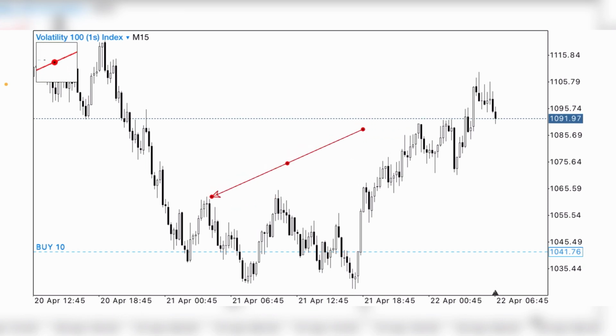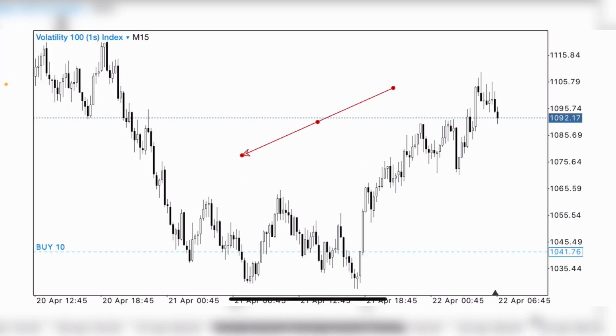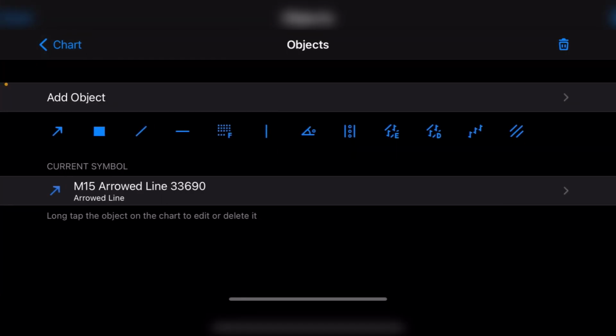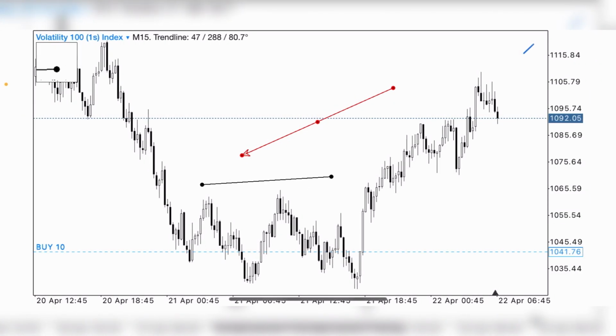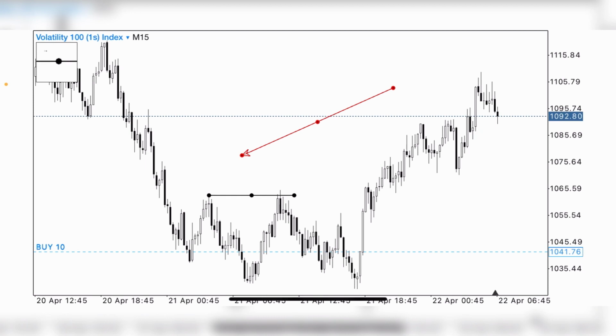So when we take this high out, we know that we have a break of structure. Taking out this particular high, we are terming it as a break of structure.